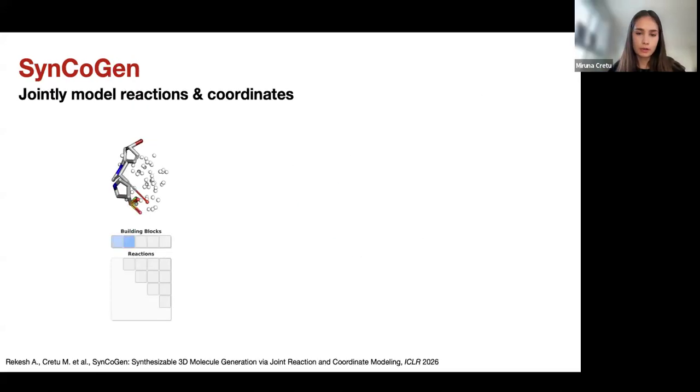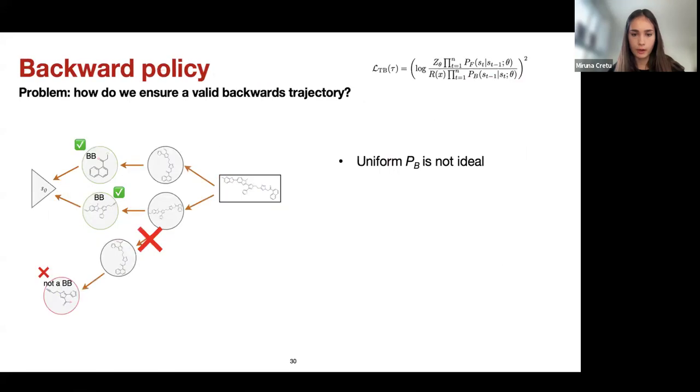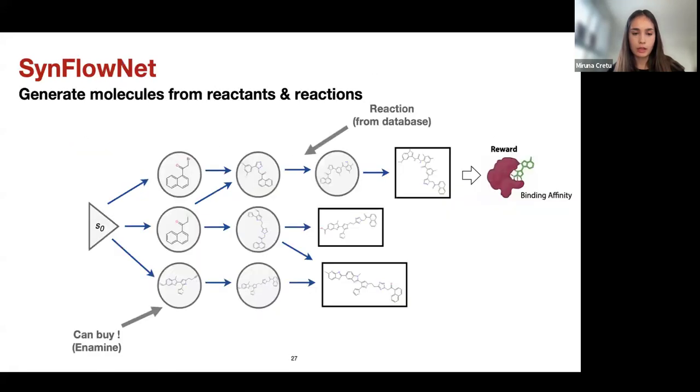So now there are two different processes, right? You have the forward and the backward policy. In the forward policy, you're sampling from your action space based on whatever embedding you have in your current state, and then you're adding a building block. The backward policy is where the removal of the building block comes in, and I get your analogy.